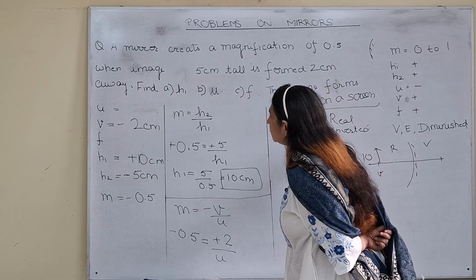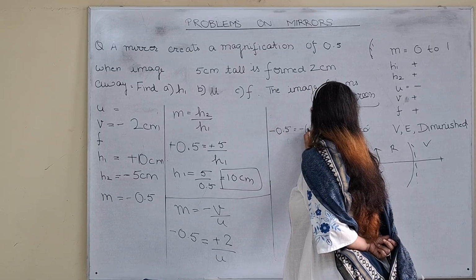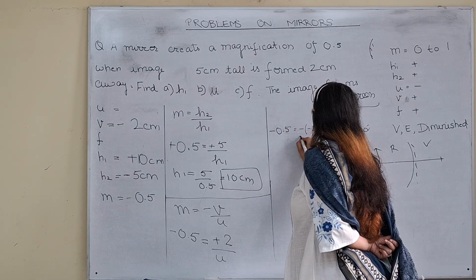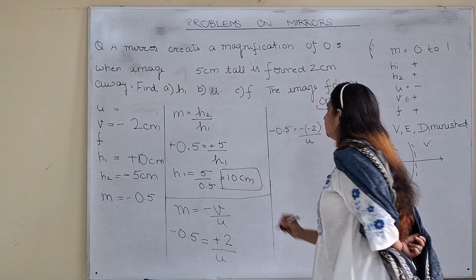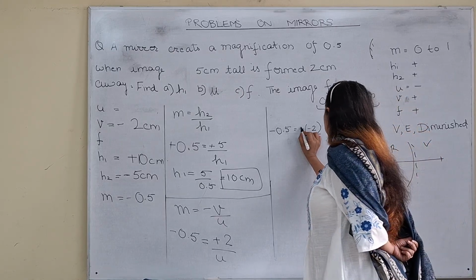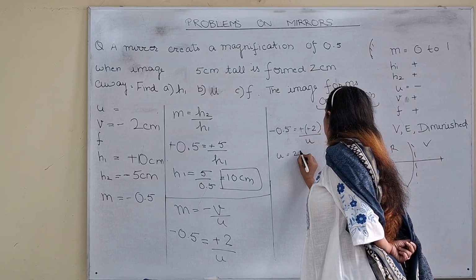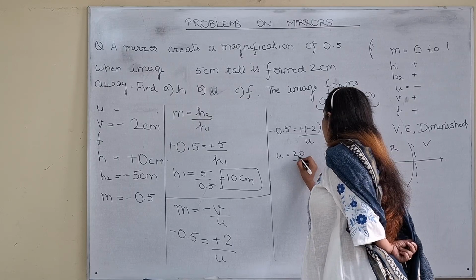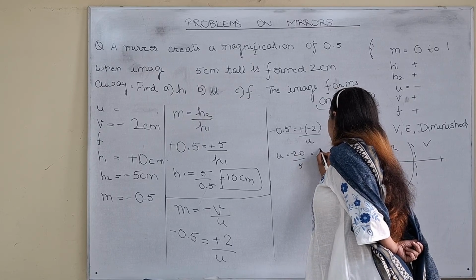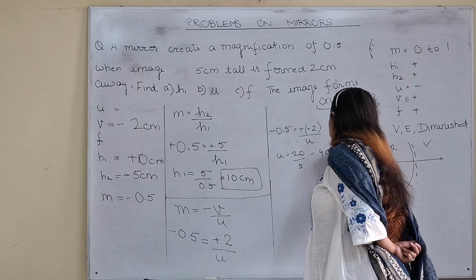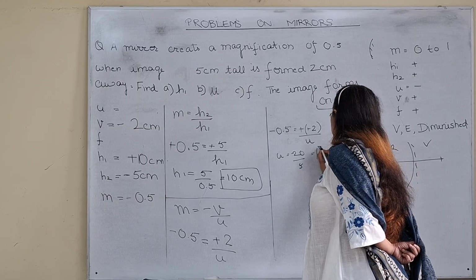V is how much? 2. And U will have to be found. Okay, so this gets cut. U becomes 20 upon 5, that too negative. U comes out to be 4 centimeter. So we have found out the object.